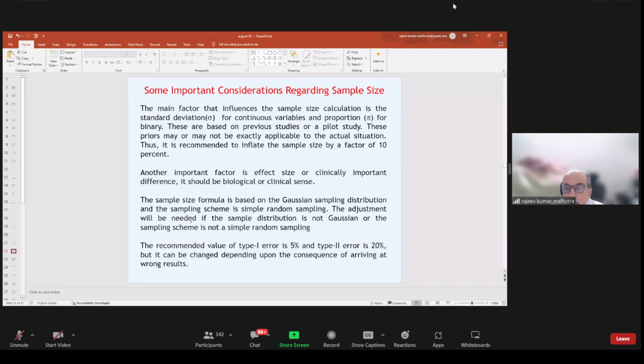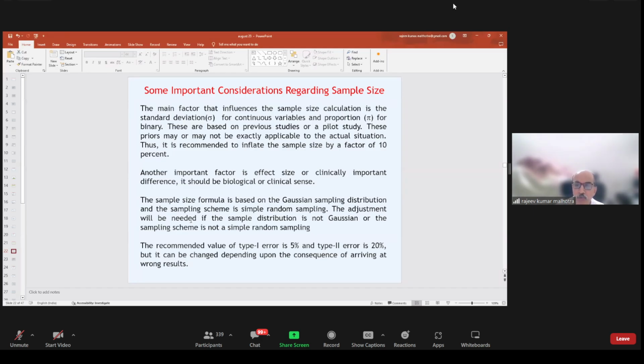Adjustment will be needed if the sampling distribution is not Gaussian; if you are using the T distribution, you can adjust accordingly. If the sampling scheme is not simple random, you have to adjust for the design effect.